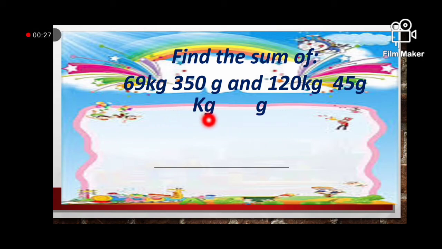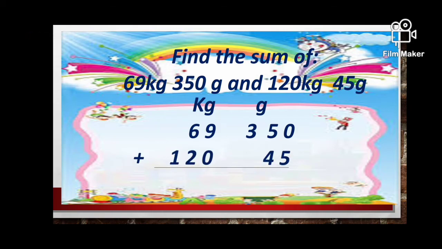When we write the units, it is easy to write the kilograms in the kilograms column and grams in the grams column. So first we will write the weight 69 kilograms and 350 grams. Now we have to add 120 kilograms and 45 grams.